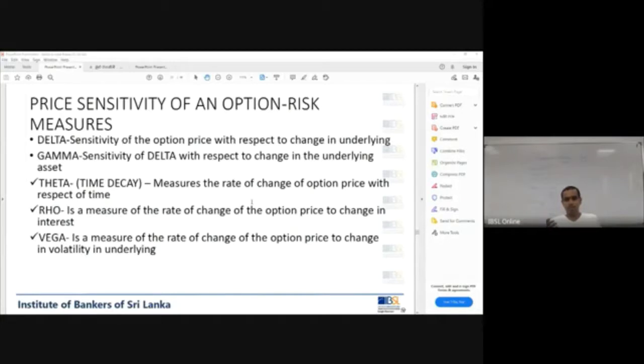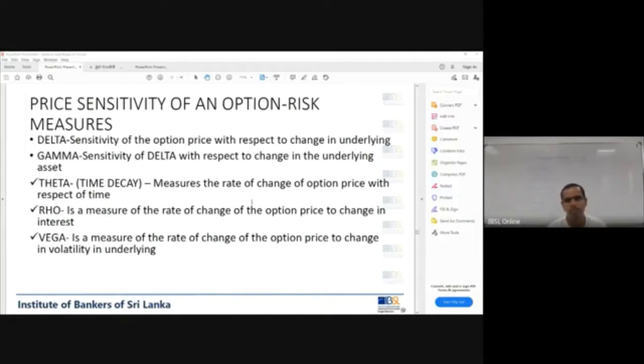Rho is the sensitivity of the option premium to changes in interest rates. When interest rates change, how does the option price change? Measured by rho. And finally, vega, the sensitivity of the option price or the premium to changes in volatility. When volatility changes, how does the premium change? That's measured by vega.